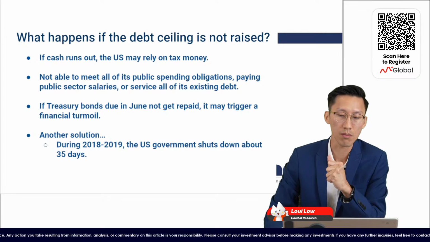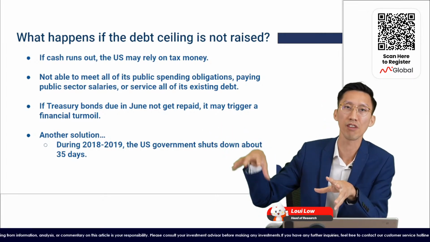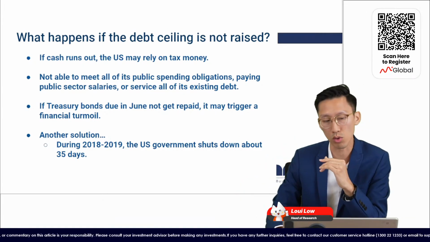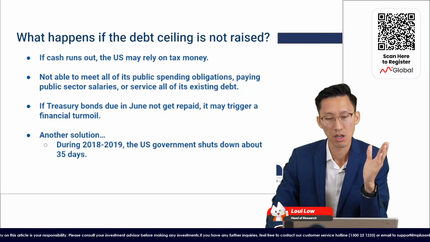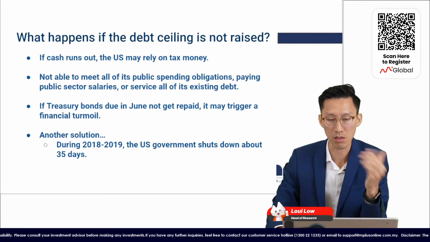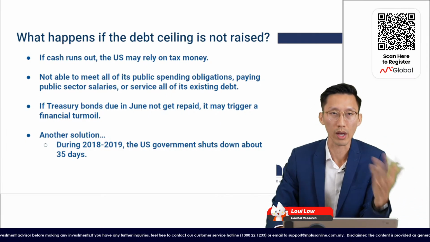So that may contribute to further turmoil in various other countries. That is one thing that we have to really take note of. So if Treasury bonds due in June do not get repaid, it may trigger financial turmoil. That's one of the ways to look at it.